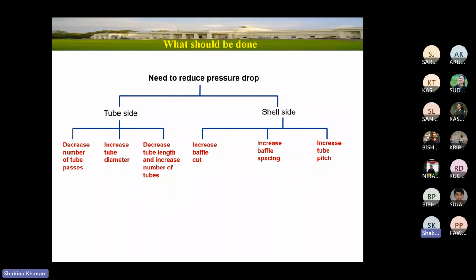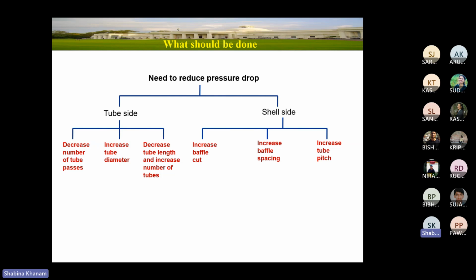We are discussing the shell and tube heat exchanger design, and in the last class we discussed the complete design procedure with the detailed explanation of each step.